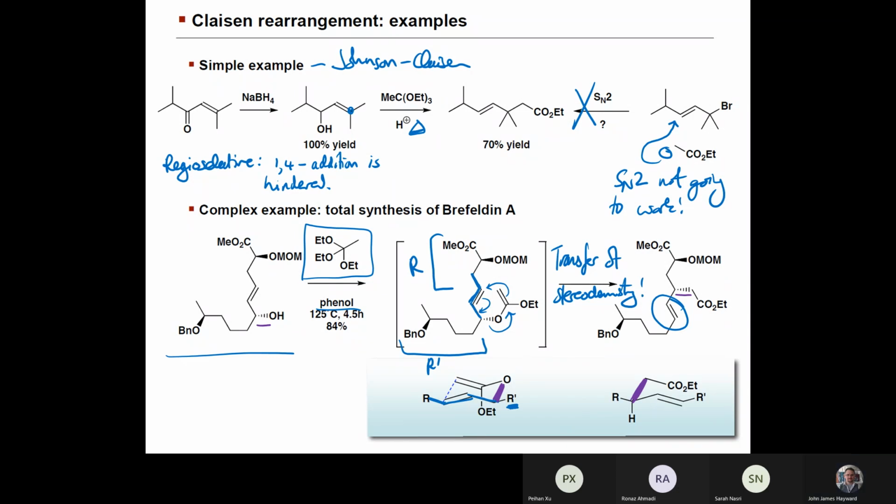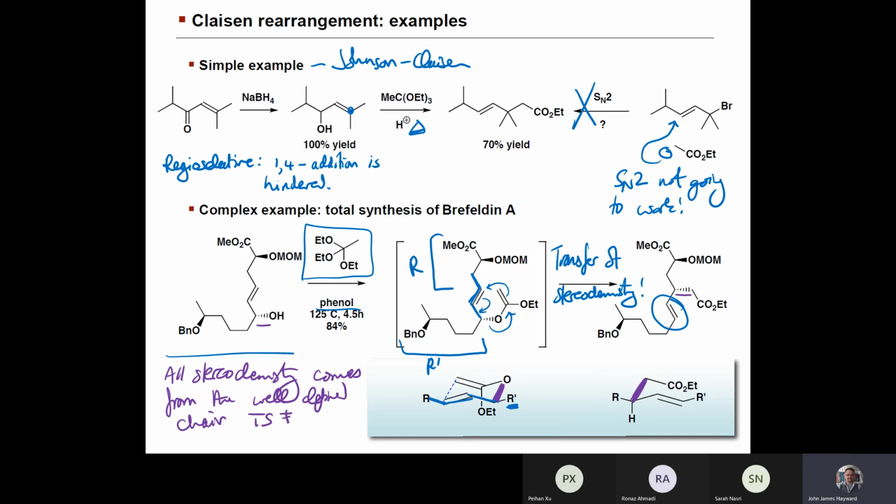Okay, so all stereochemistry comes from the well-defined chair transition state.